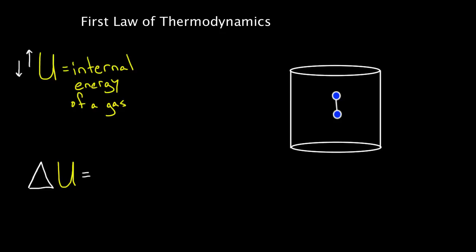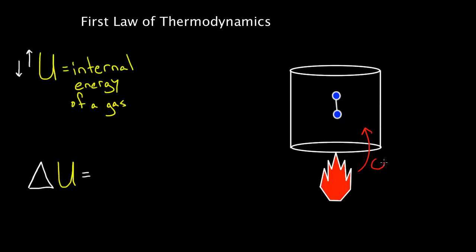One way you can do that, well, just stick a fire underneath this container. Let's say this container is closed up, and you put a fire underneath. That heat's going to enter into the gas, and that gas will start moving around faster, start vibrating faster, rotating faster, depending on the temperature. And this heat is the first way you can change the internal energy of a gas.